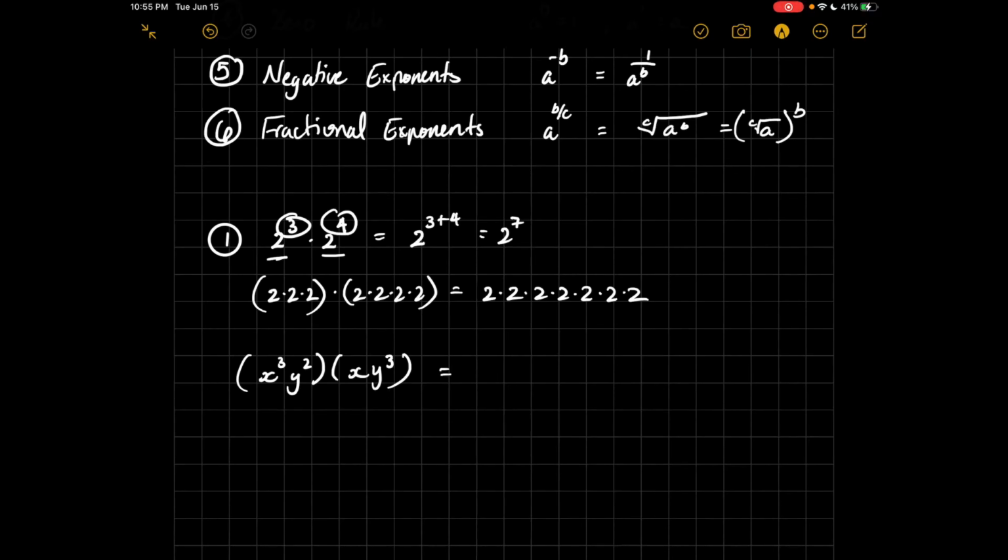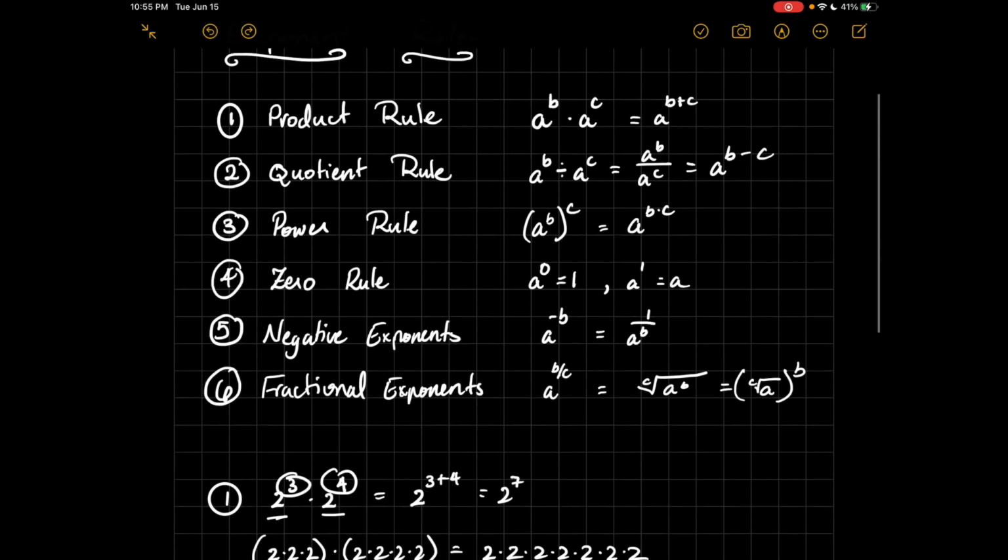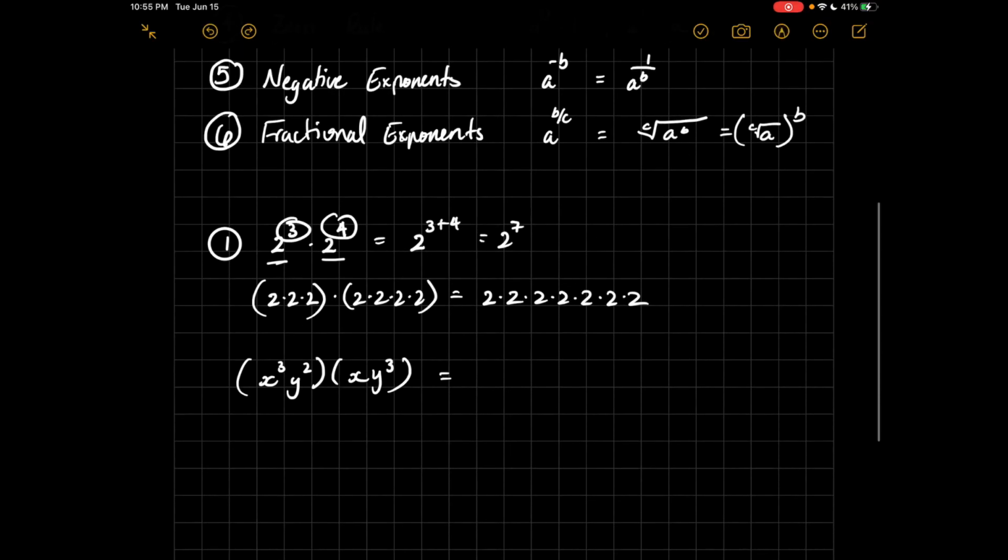Well, only the x's can multiply with one another, and x with no number in front of it is the same thing as x to the power of 1 because of that identity rule. So we can fix this up by adding a 1 right there. Now we get x to the power of 3 times x to the power of 1, which is just x to the power of 4. Then you get y to the power of 2 times y to the power of 3, which is y to the power of 5.